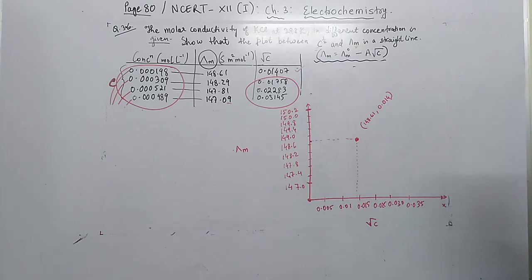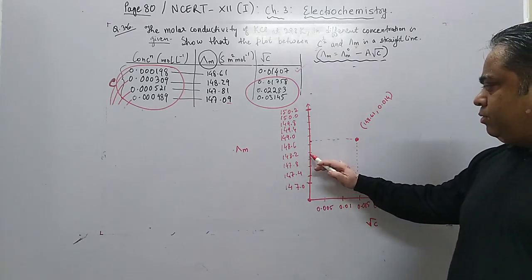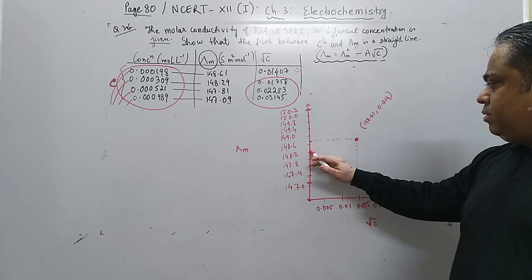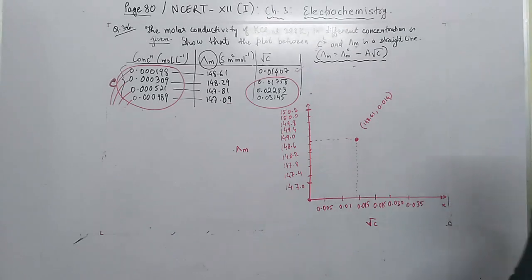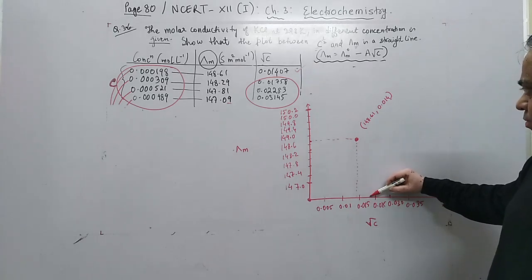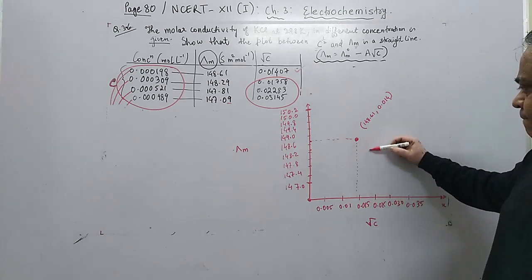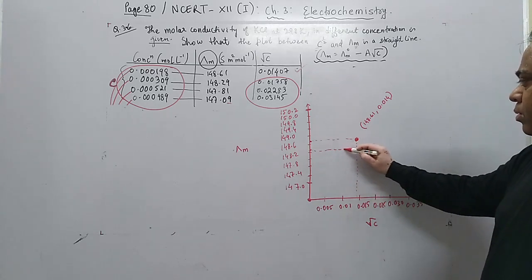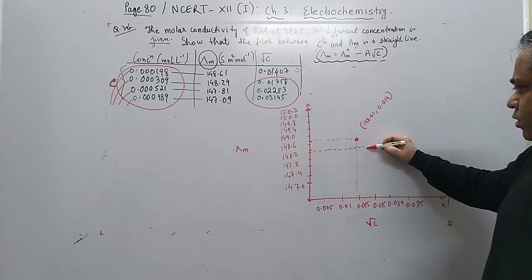Next is 148.29. 148.29 would be somewhere here, and corresponding to that, 0.017 would be somewhere here. So you can draw it like this.